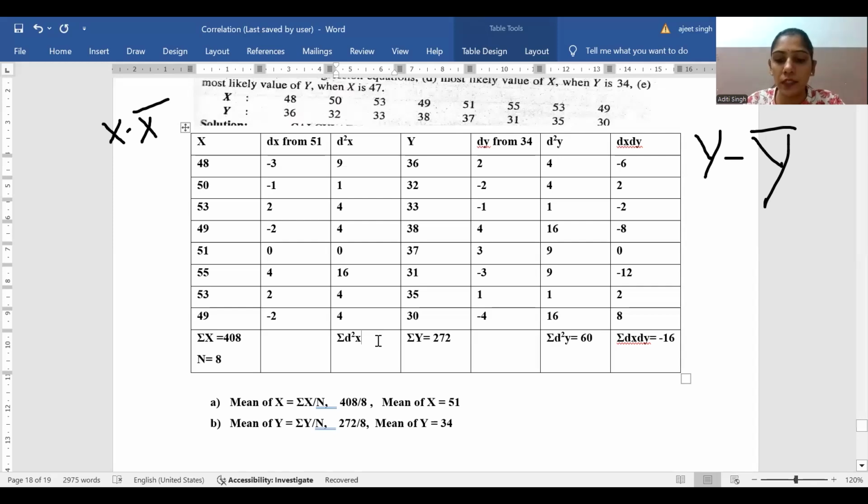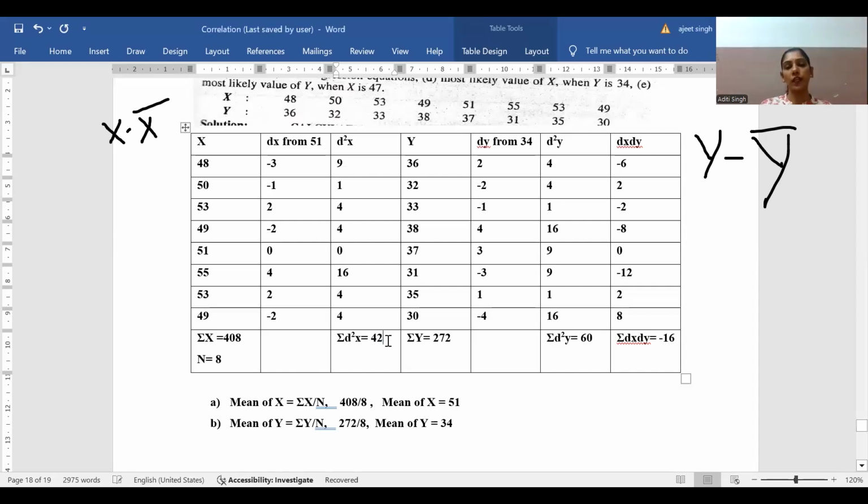Okay. Now we will calculate the sum of d square x. So let's calculate this. 10 plus 8 plus 16 plus 8. So this is basically 42.